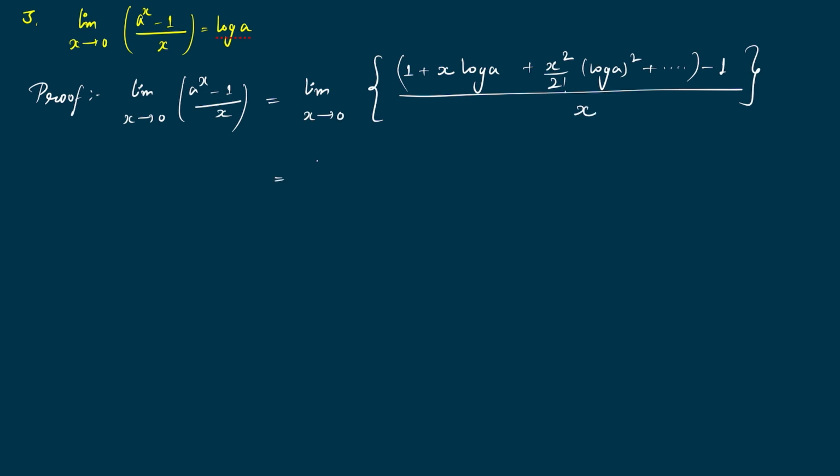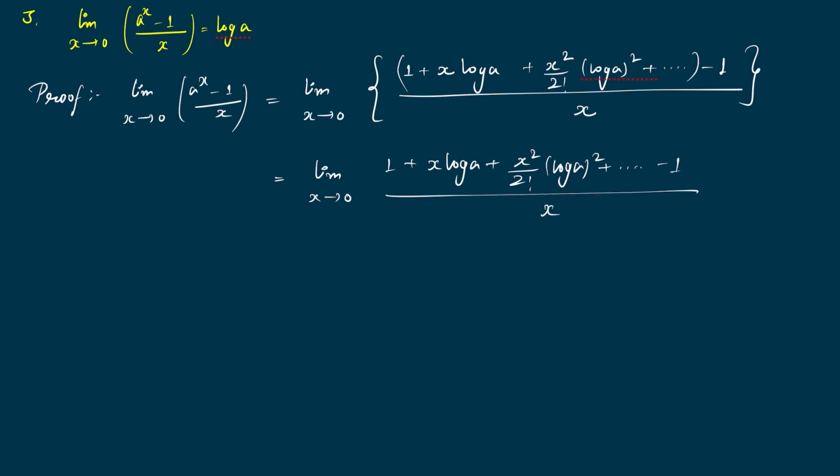Now we will simplify the numerator. In the numerator we have 1 plus x log a plus x squared by 2 factorial (log a) whole squared plus up to infinity, and there is a term minus 1 here, whole divided by x. As you can see, minus 1 and plus 1 cancel out.